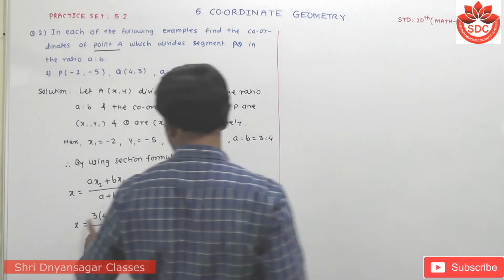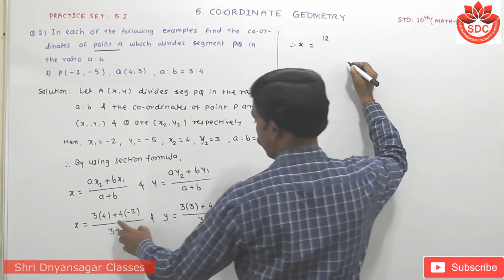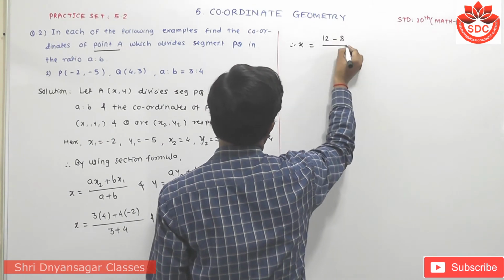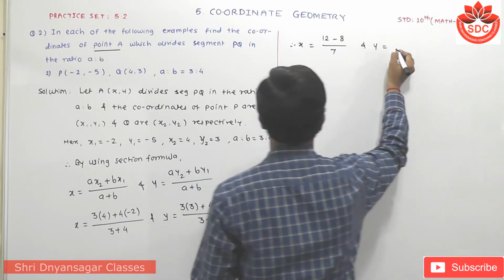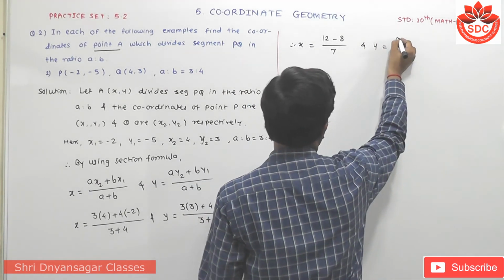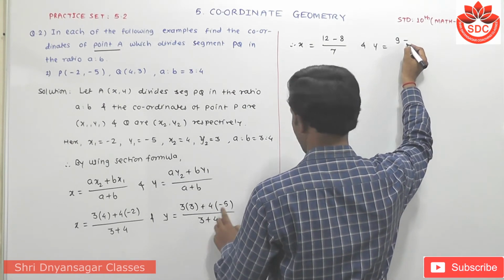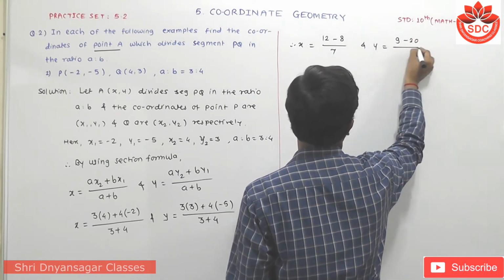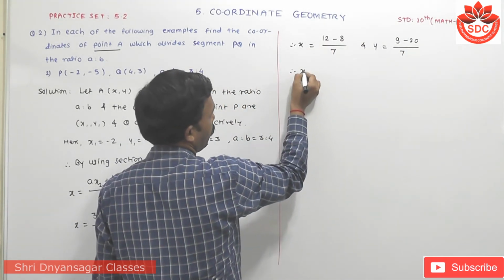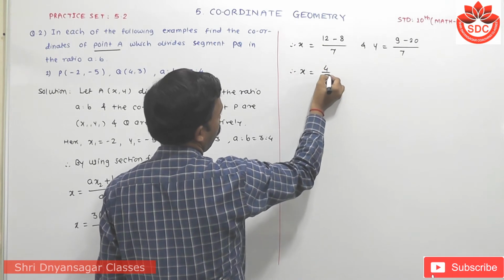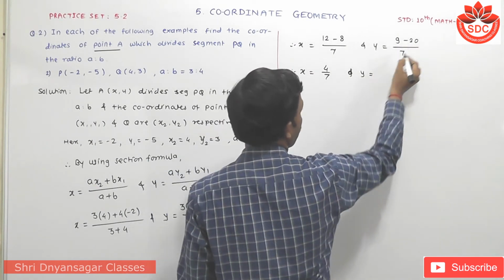Then student, 3 4s are 12, then plus minus minus, 4 2s are 8 upon 3 plus 4 becomes 7, and y is equal to 3 3s are 9 plus minus minus 4 5s are 20 upon 7.